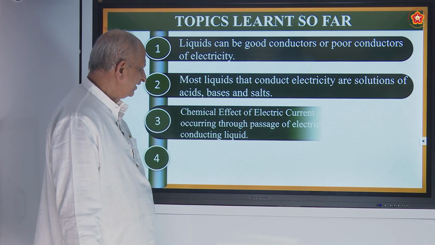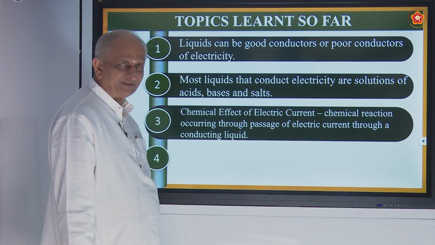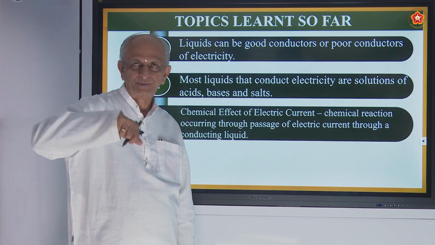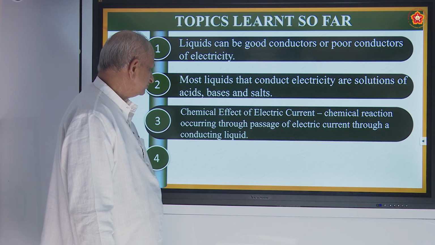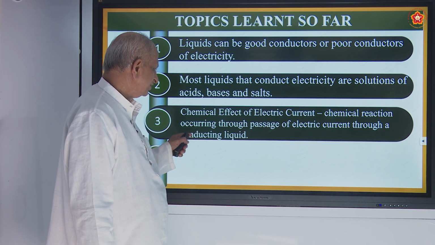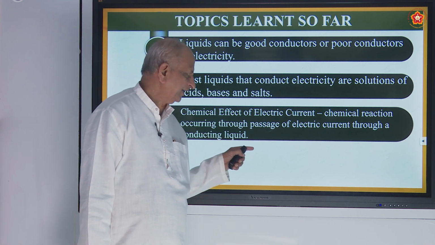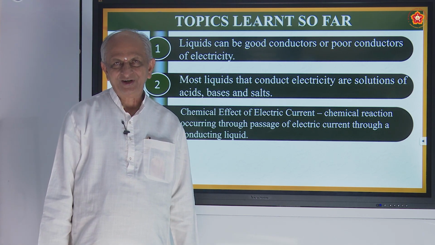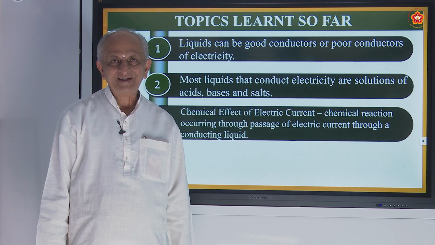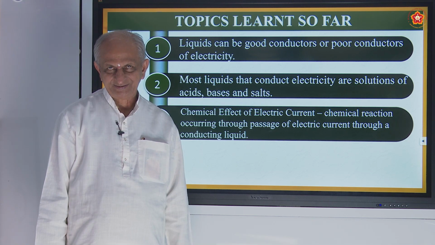So they are all conducting electricity, means current can be made to pass through them. And chemical reaction occurring through passage of electric current through a conducting liquid is called chemical effect of electric current.